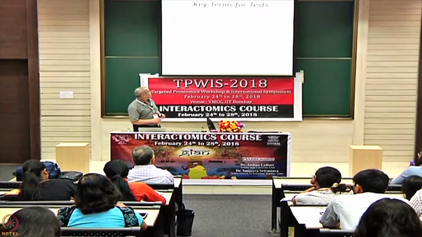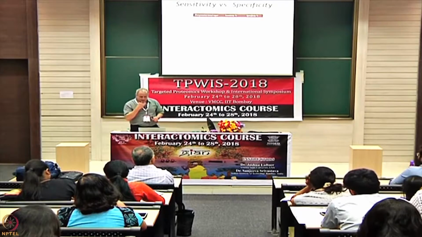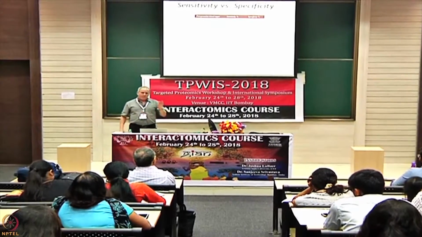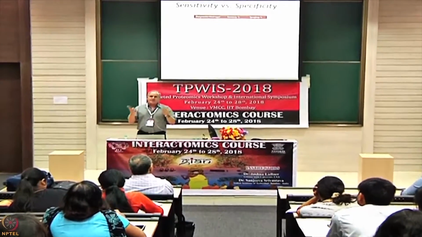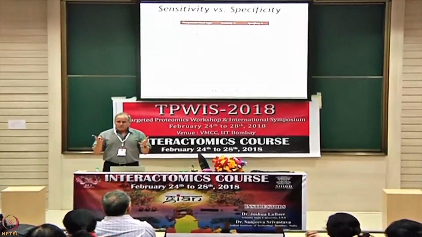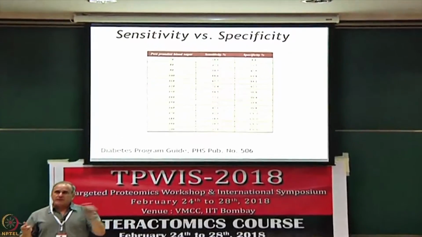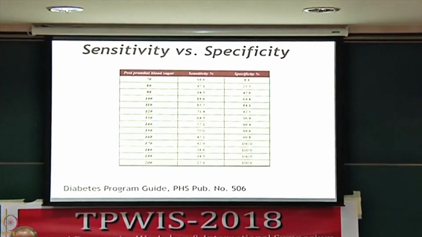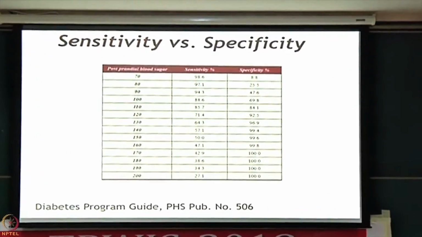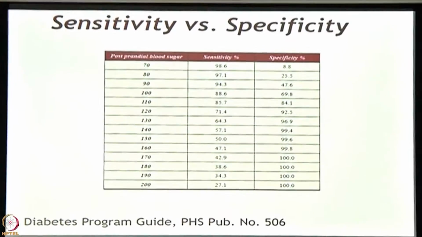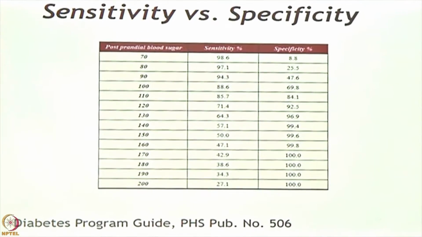Okay, so now I'm going to show you a little bit about this. It turns out sensitivity and specificity in many cases work against each other. Because typically what happens is you have a test for a particular molecule or a typical biomarker, you set a threshold value and you say if it's above this value, I'm going to say it's positive.